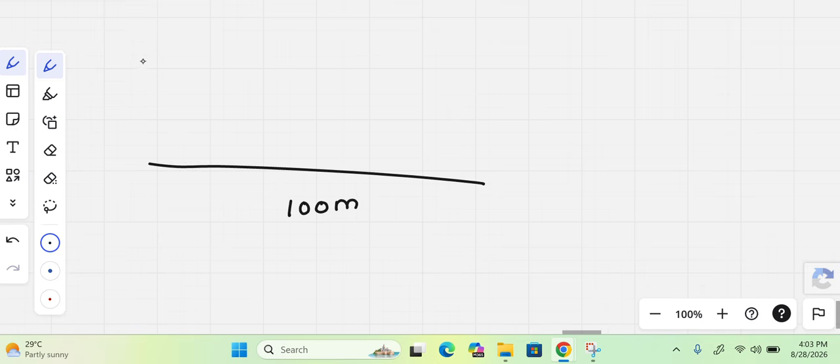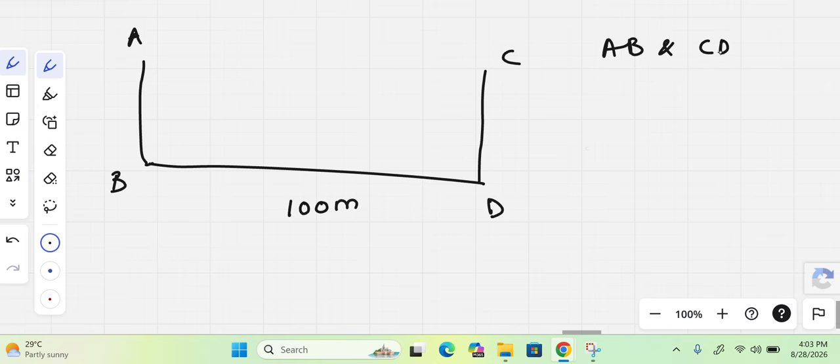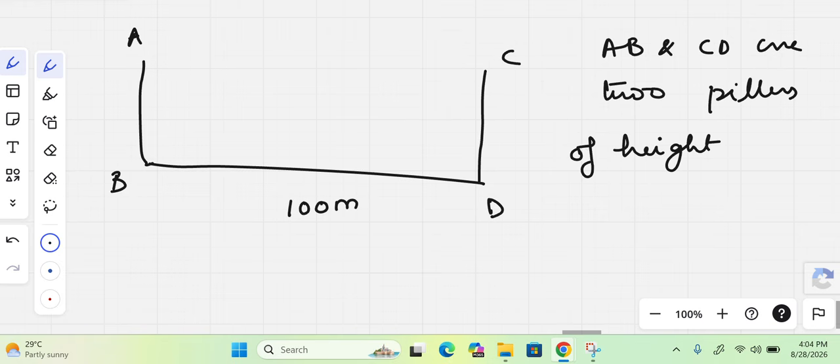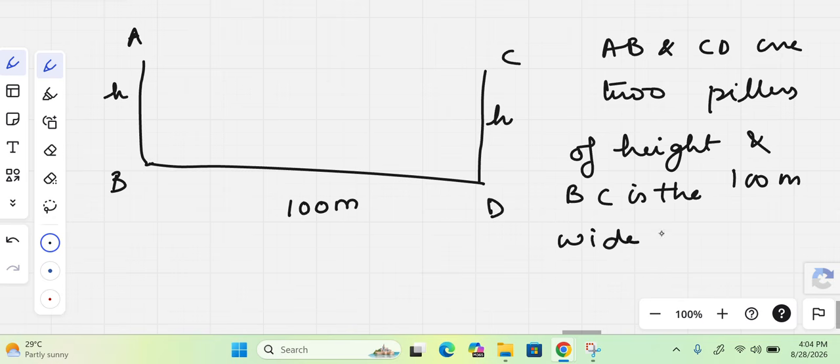So there is one pillar AB and another pillar CD. AB and CD are two pillars of height h. Let us write that because it's equal. And BC is the 100-meter wide road.